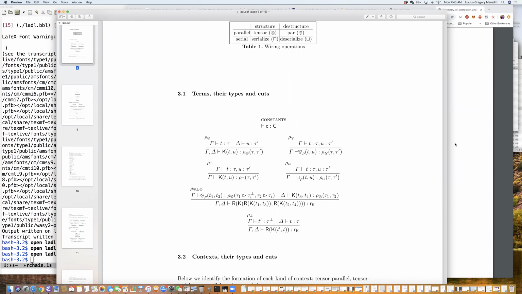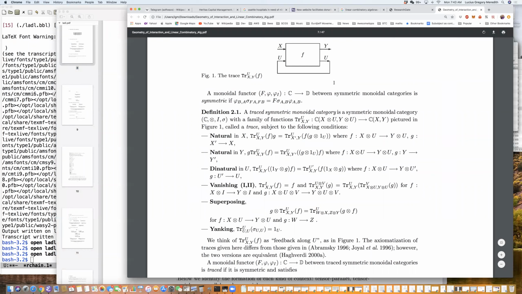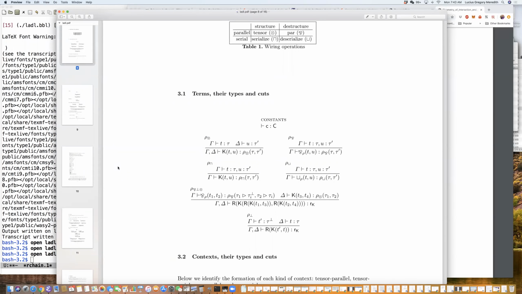So we're getting a view that's more like boxes and wires glued together, which has been tricky for the concurrent calculi.